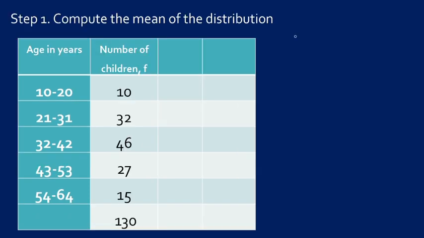Now, the formula for finding the mean is the summation of f times xm over n, where f refers to each frequency and xm refers to the midpoint of each class interval.